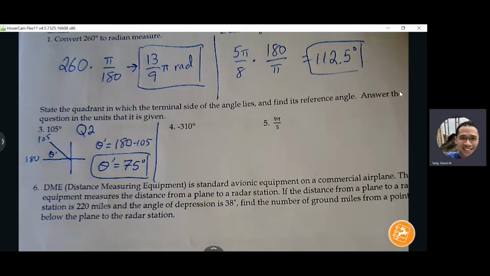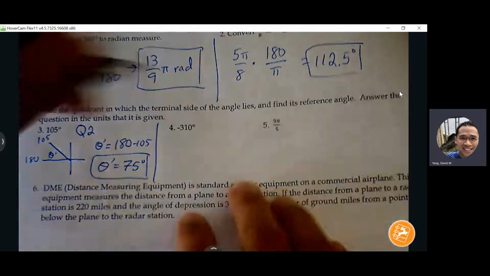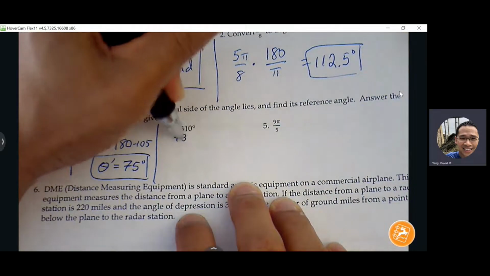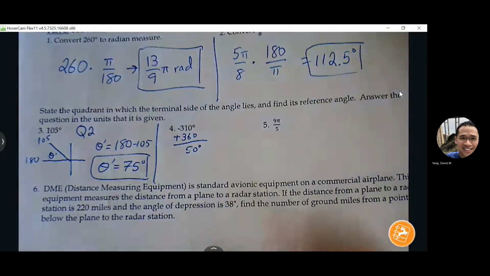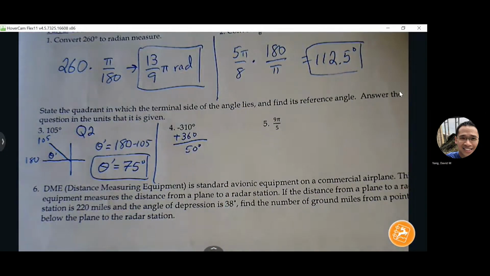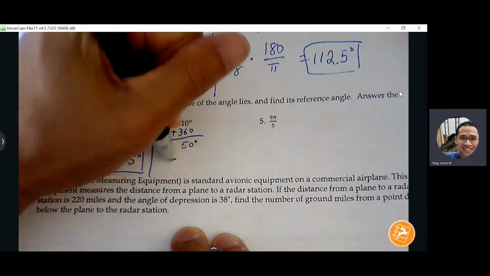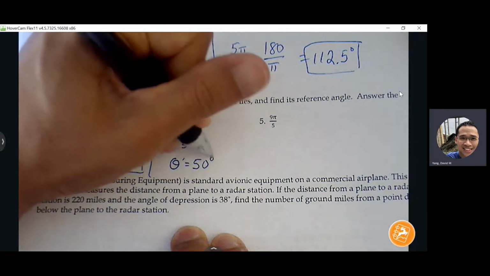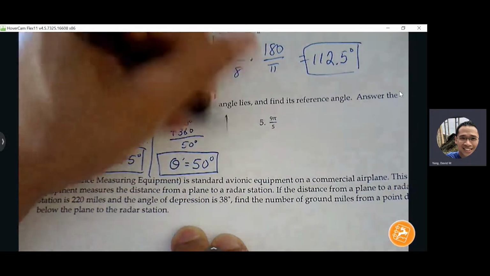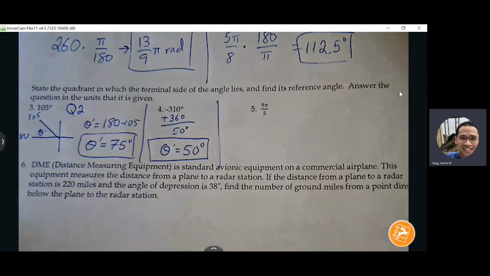Okay, negative 310. If you don't recognize the degree measure, what can you do to make it more recognizable? Add 360. If something's in the first quadrant, do we need to make any adjustment for the reference angle? No, it's the same, right? A reference angle is just an angle between 0 and 90, so if it's already between 0 and 90, there's no need to adjust.